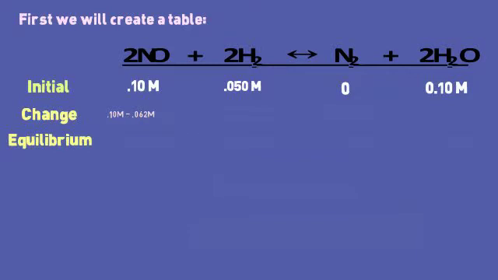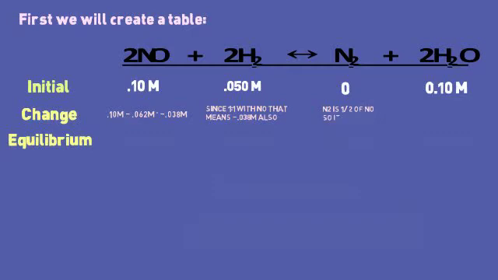The change, that would be, we know the ending molarity for NO. So this is going to go down by 0.038 molarity. Since this is 1-to-1 with NO, this means the change here is the same. It's going to go down by 0.038 molarity.